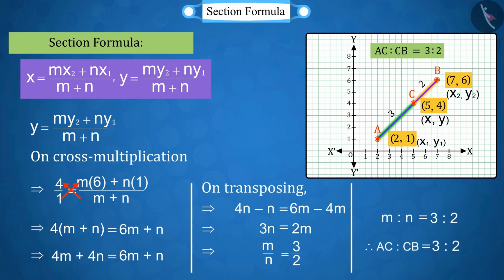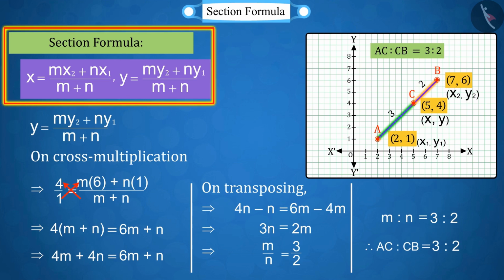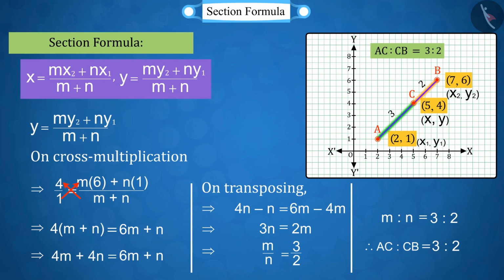Using the point y from the section formula, the value of m ratio n as 3:2 is what we get. So we can say that from any point in the section formula, the value of m ratio n can be determined. Let's look at another example.